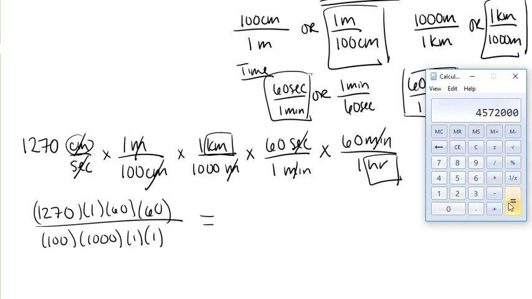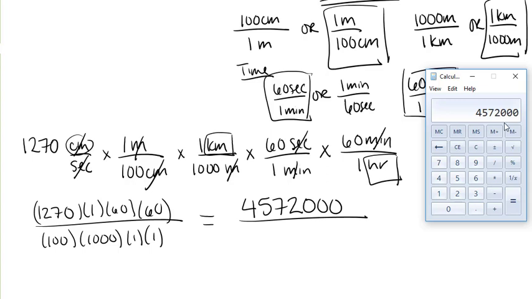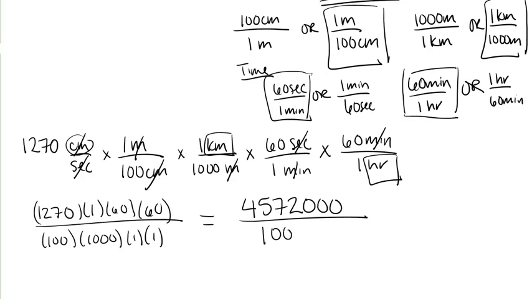And we're left with 4,572,000. And then on the bottom, we have 100 times 1,000. So we get 100,000.